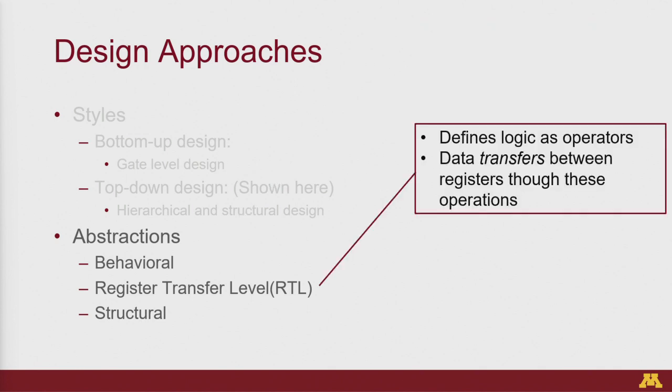The second level is something called register transfer level. What it means is that you transfer the information between different registers, and while you're transferring it, you do logical operations on it. Registers are essentially states or memory locations within your Verilog code, or you could think of them as variables in your Verilog code.